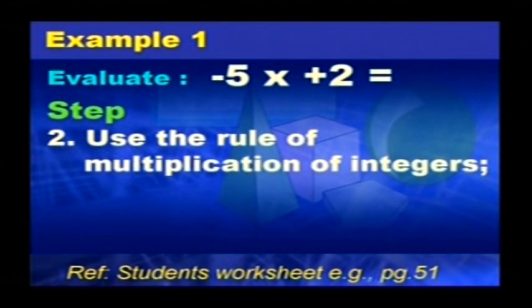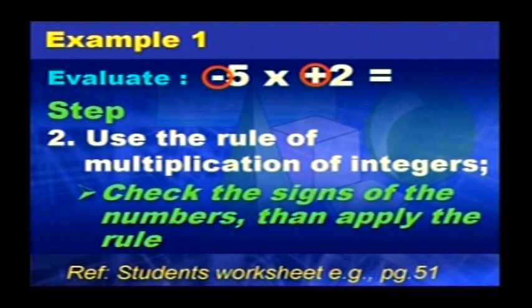Okay, 7Es and receiving students, look at the screen. Step number 2. Colin was right by saying use the rule of multiplication of integers. But before you use the rule, this is what you have to think of.